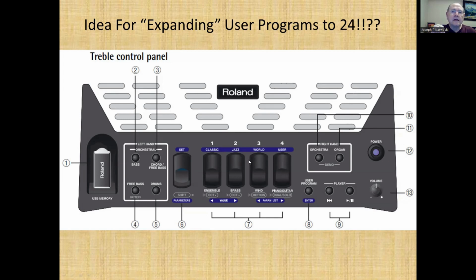Is there a way that we could do something so we have these programs, but instead of having 8, we have 24 different selections? Well, we've got this right hand over here, this orchestra button and organ button. Oh, well, if I'm in 1A, what happens if I press the orchestral?